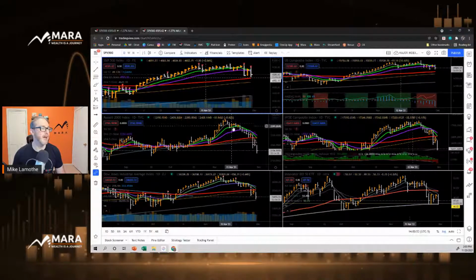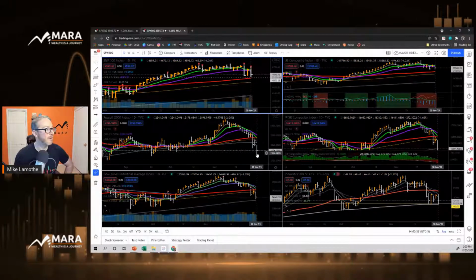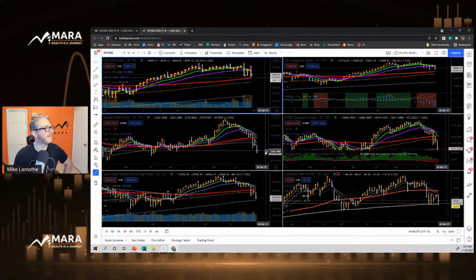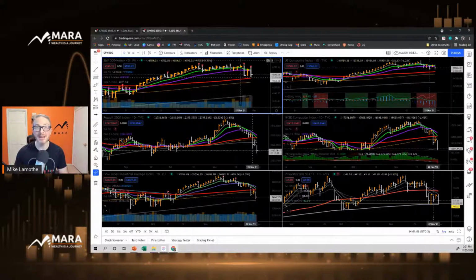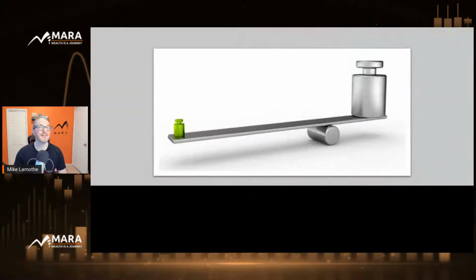Look at that, how the Russell has fallen almost off a cliff here, with increased volatility and lots of stuff going on in this chart. But what I want to give you guys today are the basics. How do you do this multi-time frame analysis to help avoid getting caught in a mess like this? So that said, let's get started.